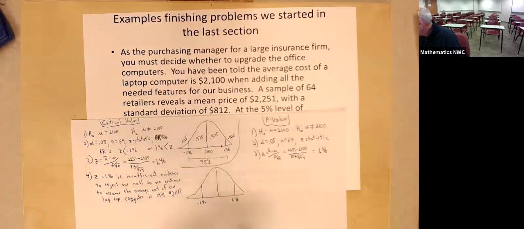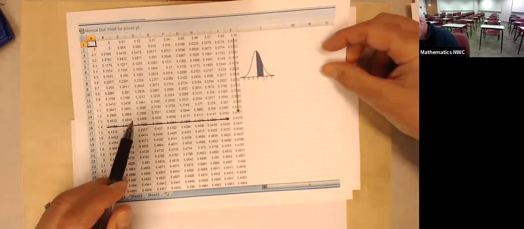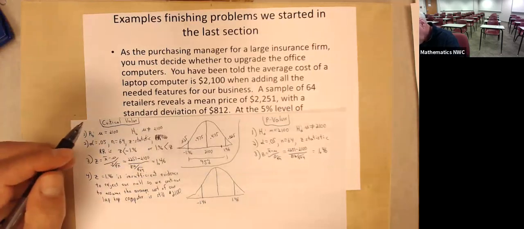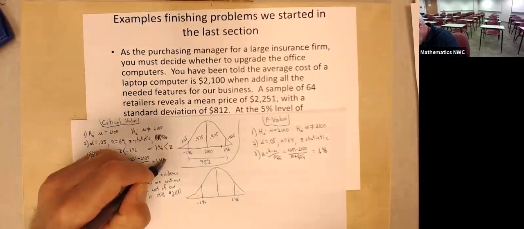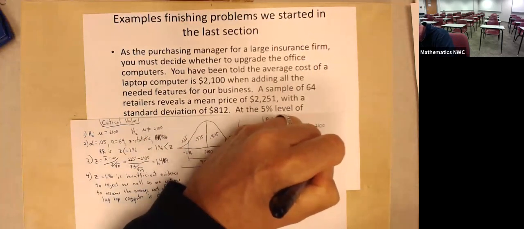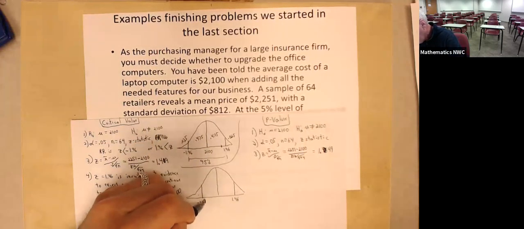Well, to find that, I go to my chart. 1.4, I said 6, but it was 9. I apologize. That 9 would have been over here as well. Sorry. Same overall result. Okay, 1.49.